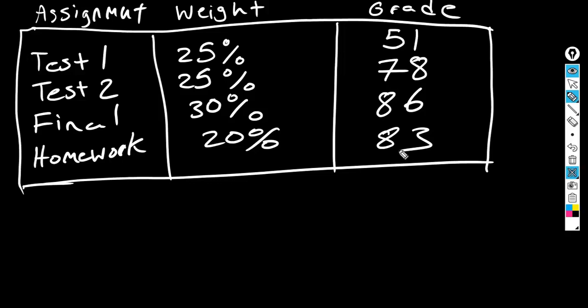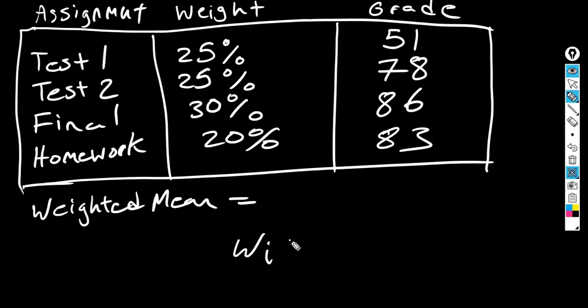So how do we go about calculating this? Well, our weighted mean is equal to the sum of our W's times our XI's. Here, the grade is our X, so everything down here is our XI.